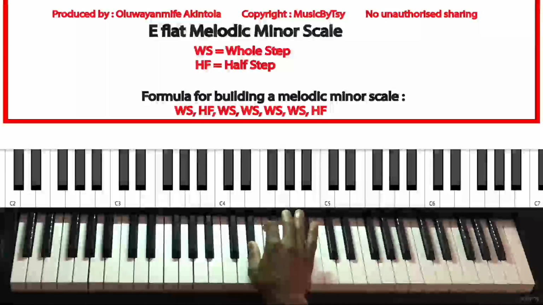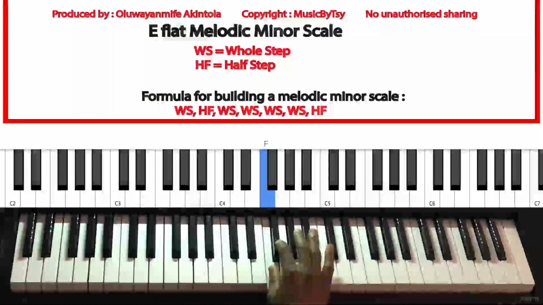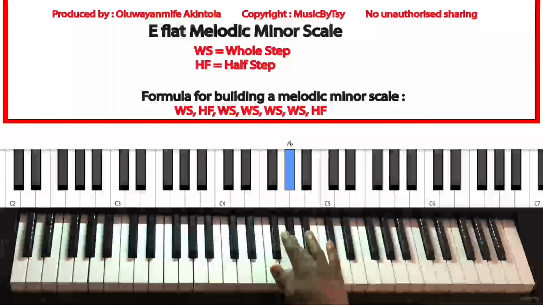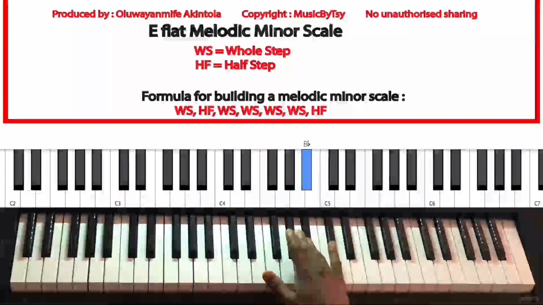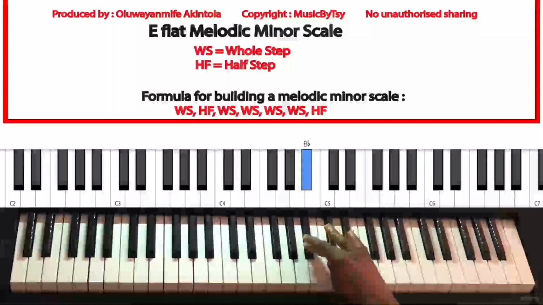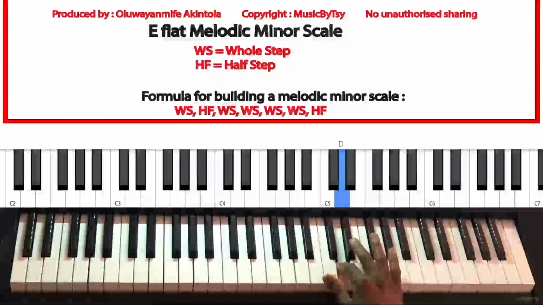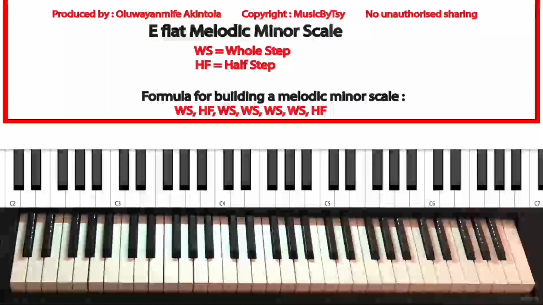Starting from the key of E flat, we're going to take a whole step, and then a half step, and then a whole step, and then a whole step, and then a whole step, and then a whole step, and then a half step. See that? So that is the E flat melodic minor scale.